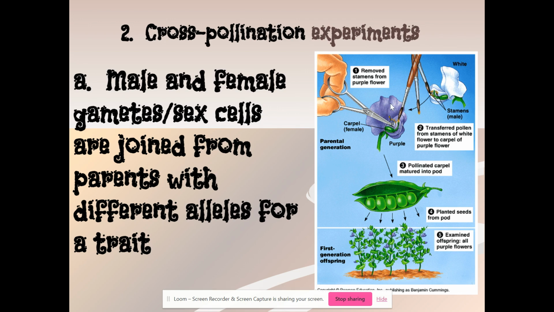And we can see that he's doing that with this purple one. Then, using a little paintbrush, he went over to the white and gathered pollen from the white flowered pea plant and dusted it onto the stigma, which is the female part, stigma style ovary of this purple plant. So this is cross-pollination.